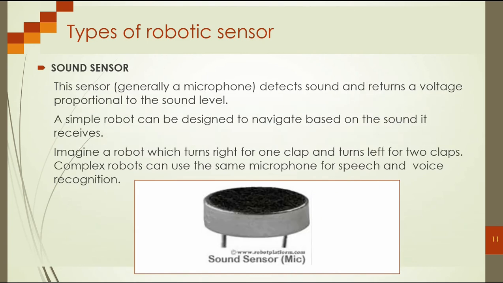We have another one, the sound sensors. Sound sensors are similar to light sensors, but they sense the sound and return a voltage. As we say, all of these sensors convert one kind or type of signal into another type.